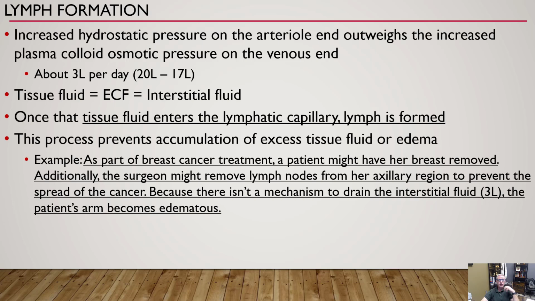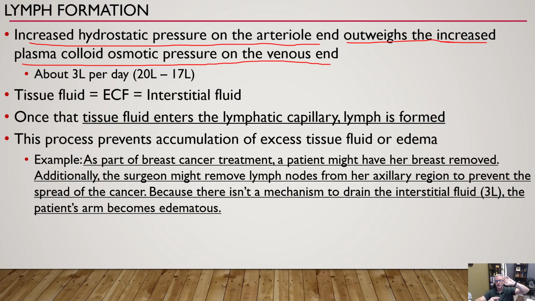All right, so now we know that we have an increased hydrostatic pressure on the arterial end, and an increased plasma colloid osmotic pressure on the venous end.